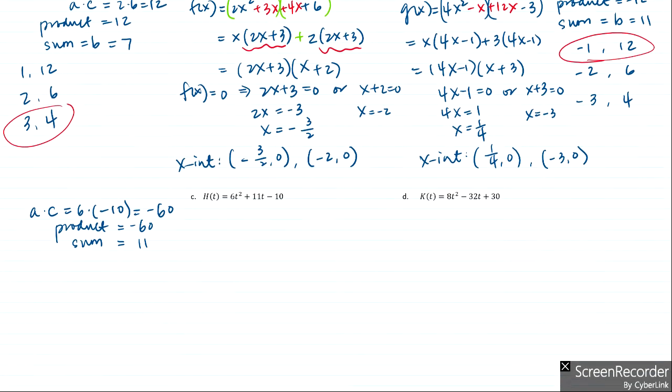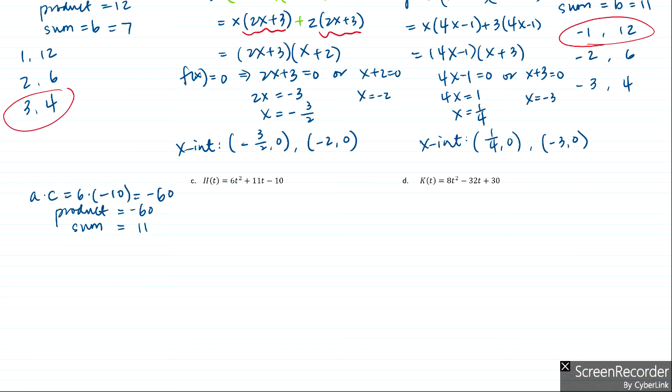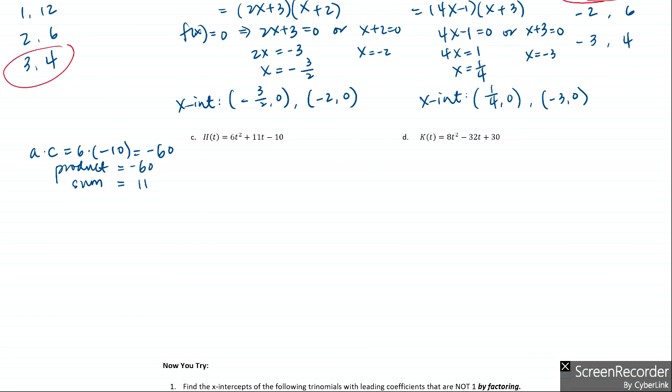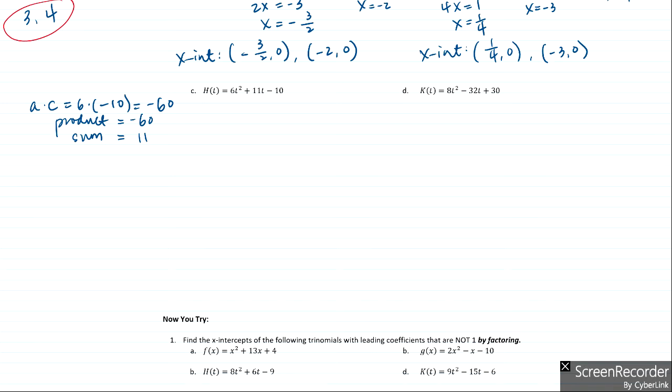And now if we list out all the factor pairs of negative 60, again we want to think the product is negative because one number is positive, the other number is negative. But if we just think about the factor pairs of 60 first, that should get us started right away. Even if you don't go in particular order, just think about what are the smaller numbers that would go into 60 first.